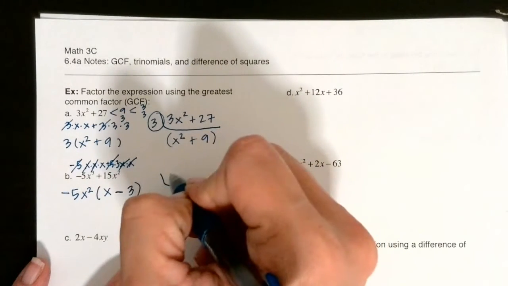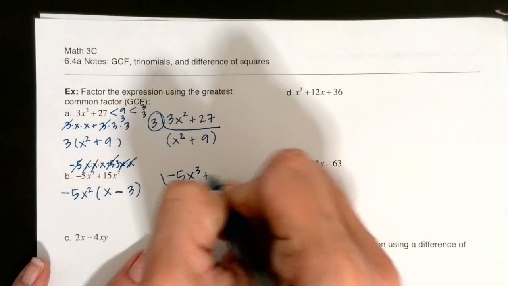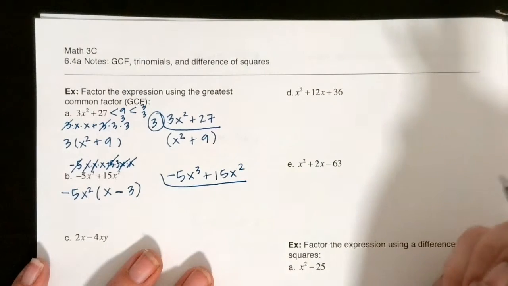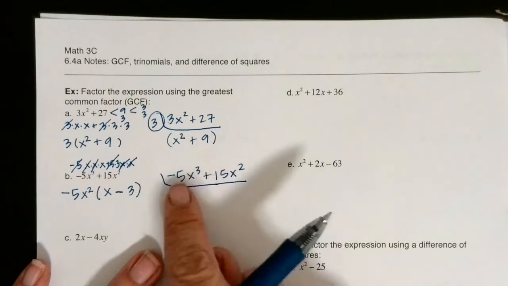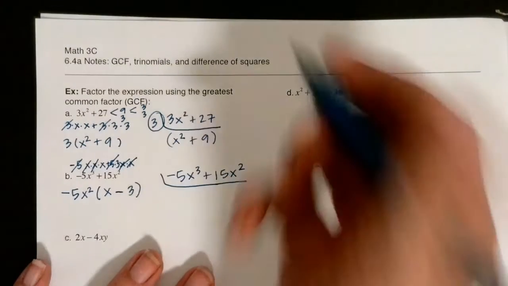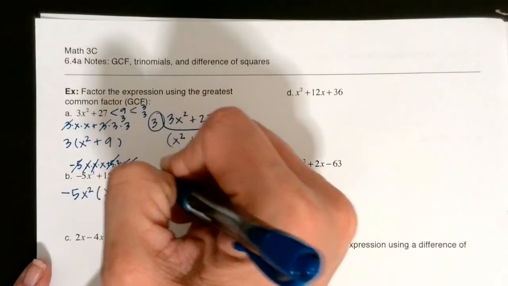So you know that you have negative 5x cubed plus 15x squared, and you're looking for the greatest common factor. In math, a factor times a factor equals a product. So this is our product right here. We're trying to figure out how to write it as a factor times a factor. So we look for what they have in common, which is a negative 5x squared.